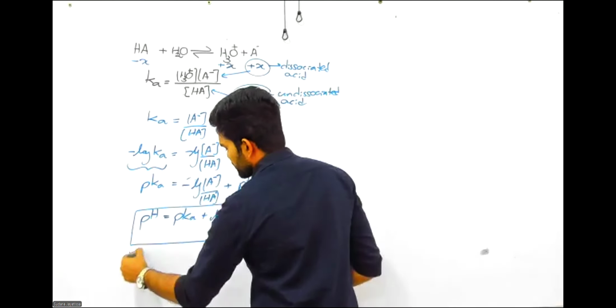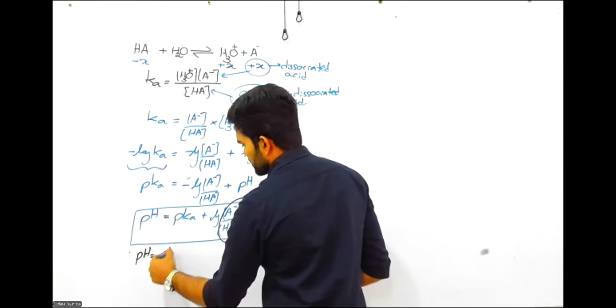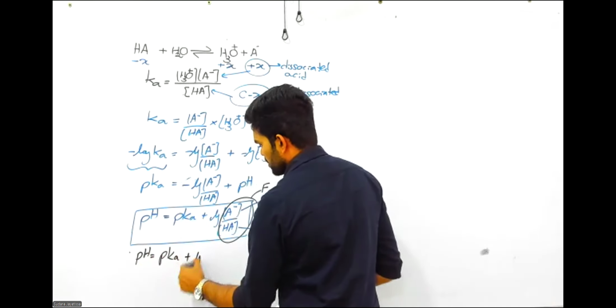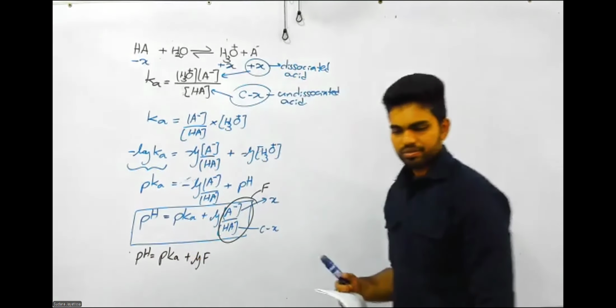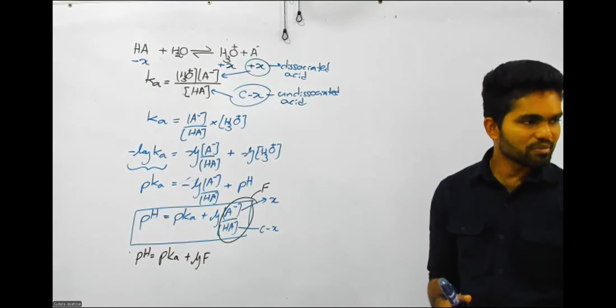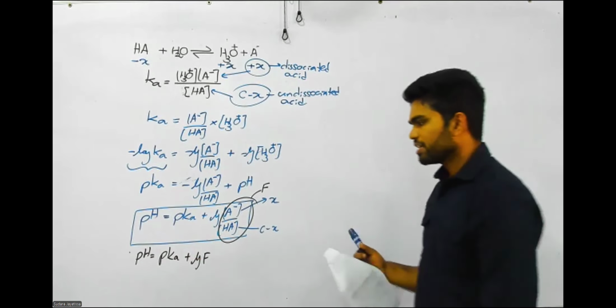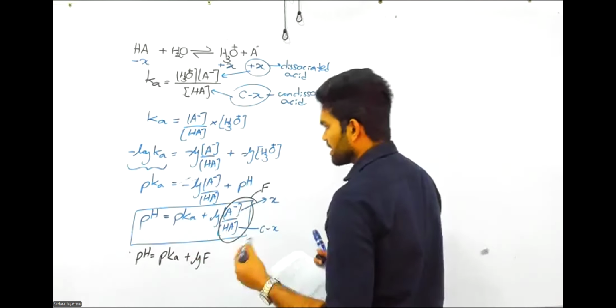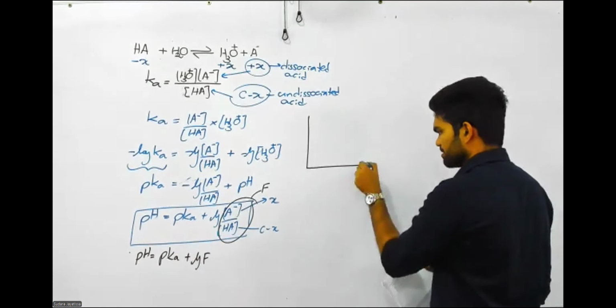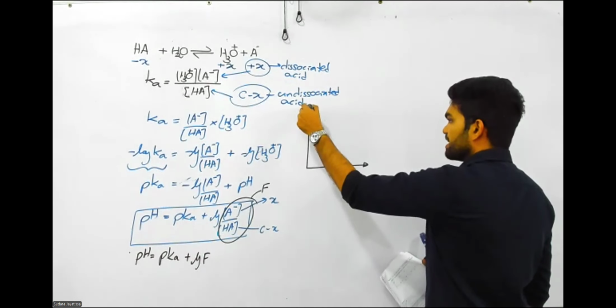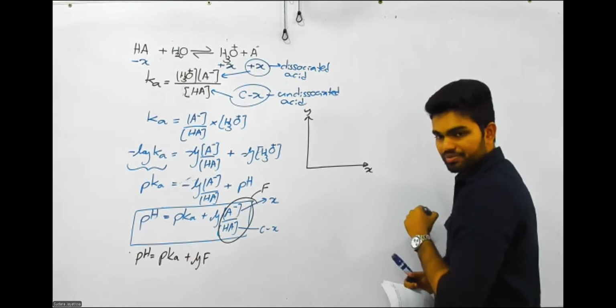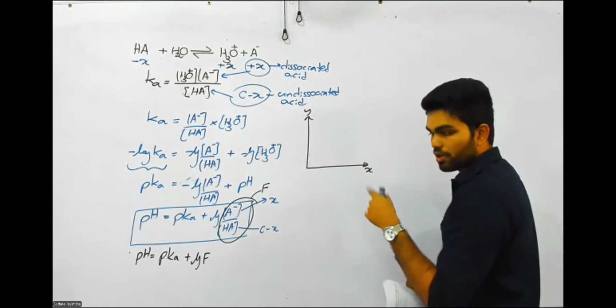So you can write this equation again: pH equals pKa plus log f. Now you need to put them in y equals mx plus c format, into this y-axis and x-axis format. So on the y-axis you have log f.